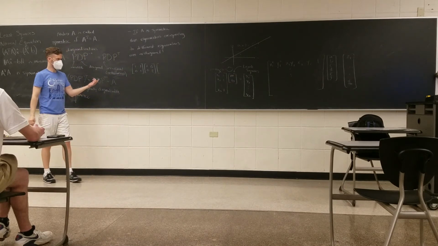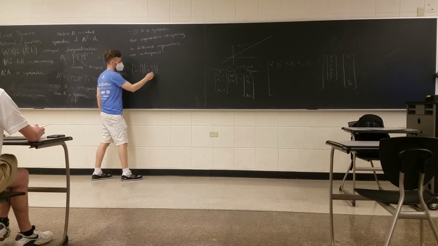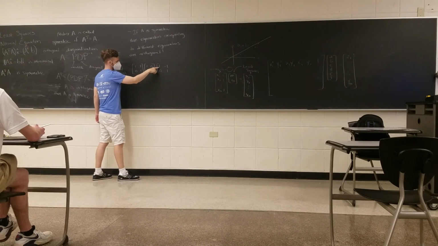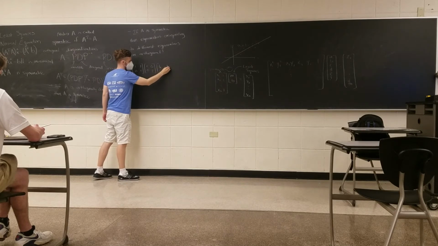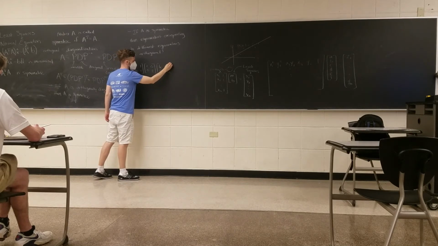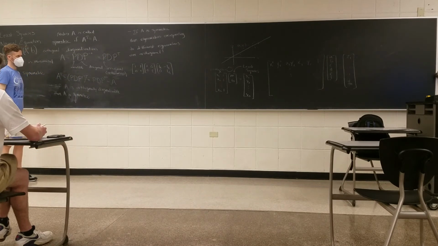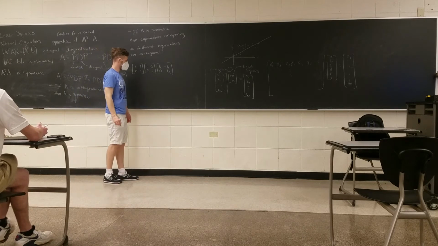The only thing I've left out is doing the matrix multiplication. So what's the inverse of this? That's easy. It's a 2 by 2 matrix, and then divide by the determinant. The determinant should be 1, not 0.